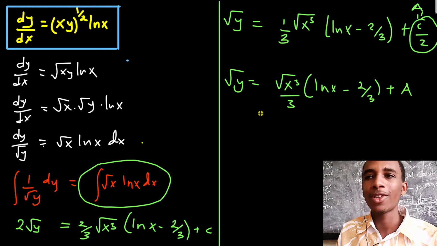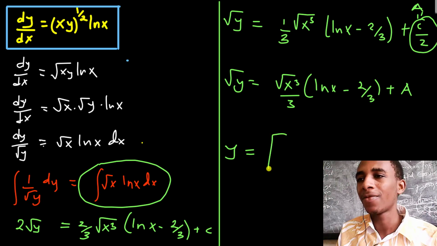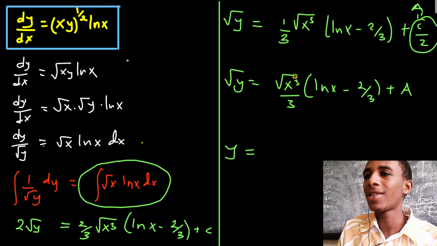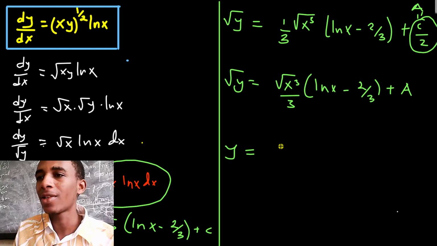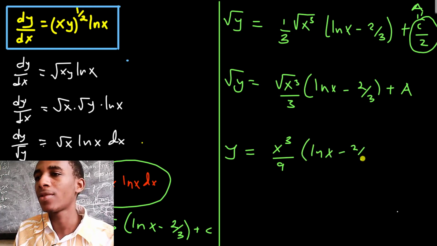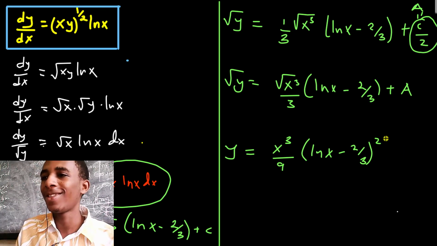Let me just square both sides and end with that. So y equals, what happens if I square both sides? This becomes x cubed divided by 9 natural log of x minus 2 over 3 squared plus, no, I can't do this, sorry about that.